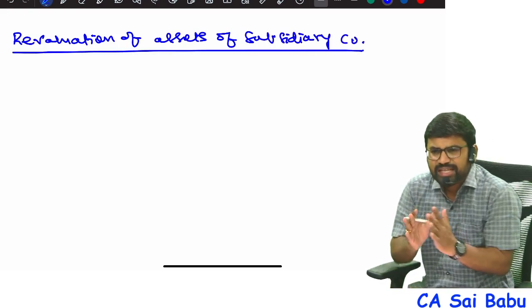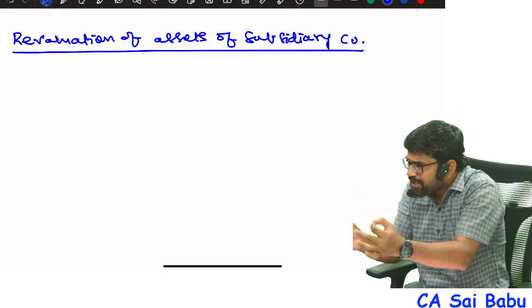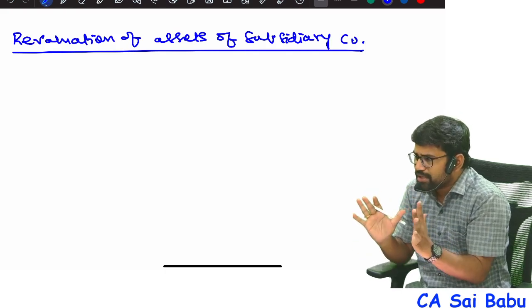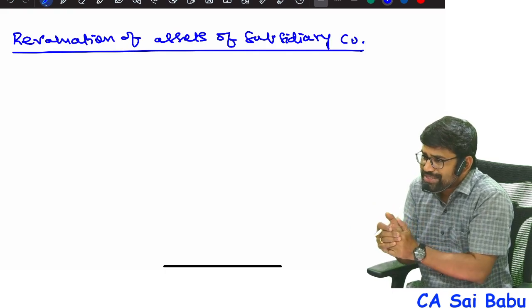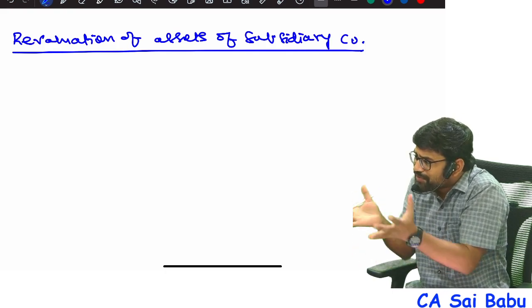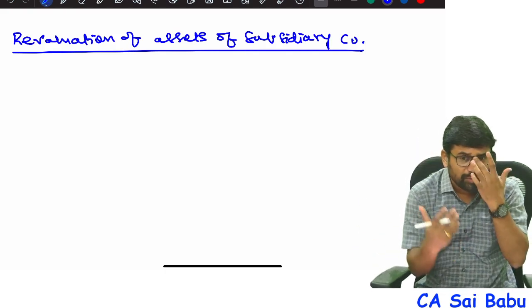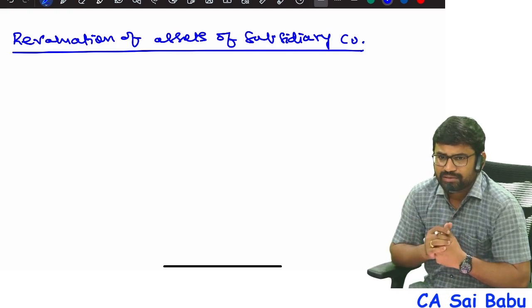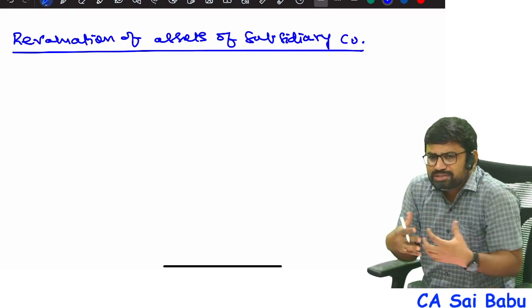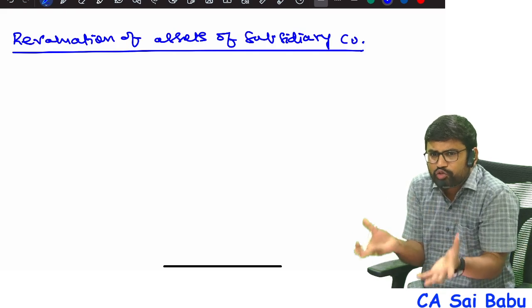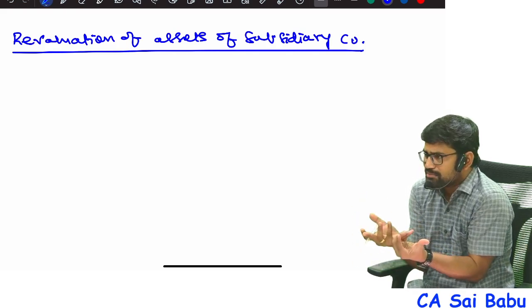Generally, when parent company is acquiring subsidiary company, they may revalue some of the assets of subsidiary company. Why will they revalue? Because from the parent company's point of view, those assets are not properly valued.